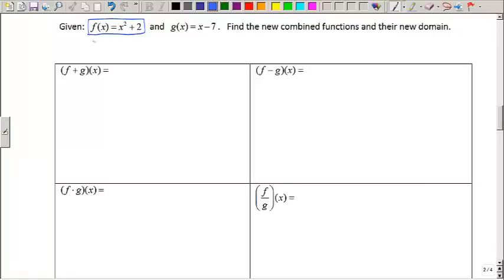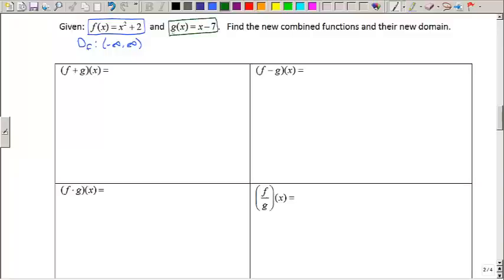I would like to know the original domain of f, so that when I add, subtract, or divide, whatever the combining that I'm going to be doing, I take into consideration the values that are excluded from the original problem f. Well, the function f doesn't have any even roots, nor does it have any rational functions, so therefore my domain is going to be negative infinity to infinity for the blue f function.